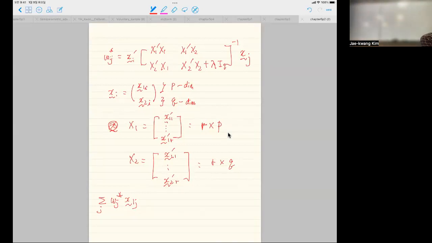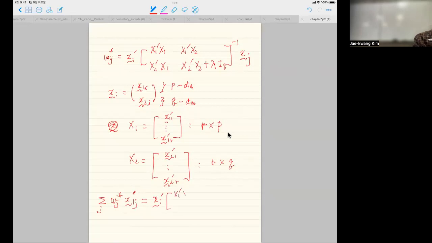And so how to do that? Well, okay. So let's do it this way. You use this one, then we can do the same thing. So xi prime, x1 prime.